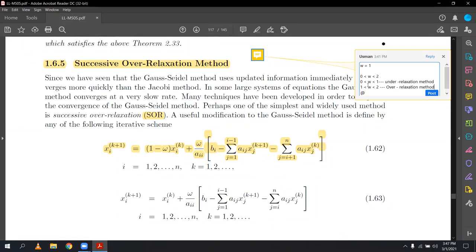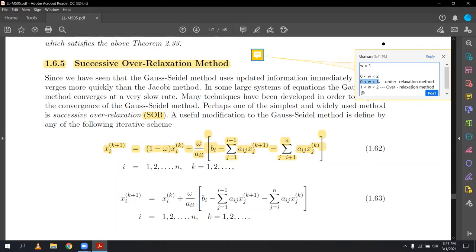But the problem is what? If we use this condition, we have to choose the value of omega by ourselves. There is no proper formula for this one. And if we choose some value, if we are lucky, maybe we get convergence.